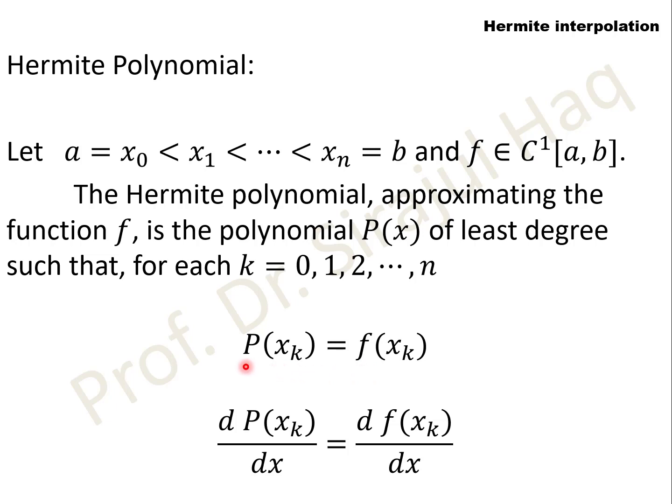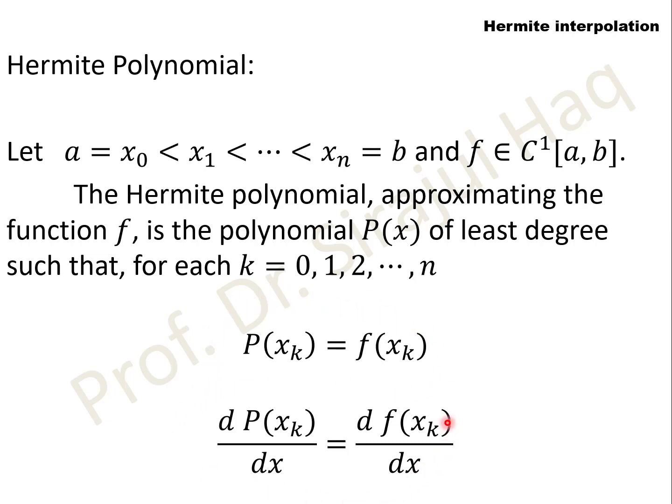In other words, p at x0 is equal to f at x0, p at x1 is equal to f at x1, and so on. P at xn is equal to f at xn. This is the condition which holds in the previous methods also.